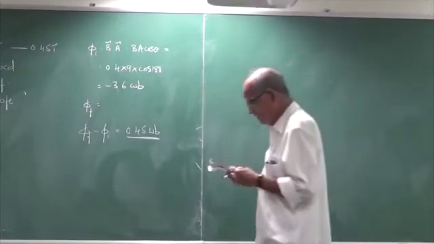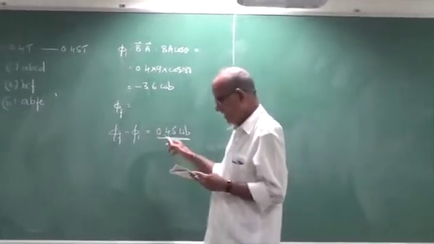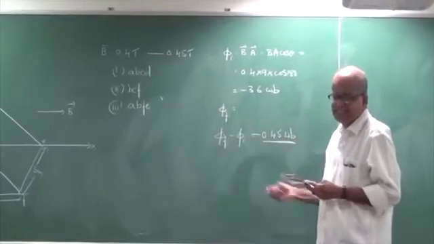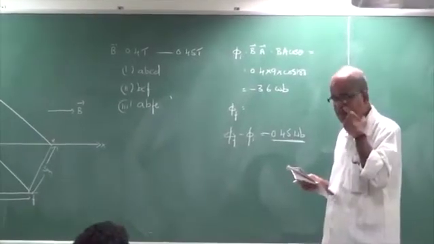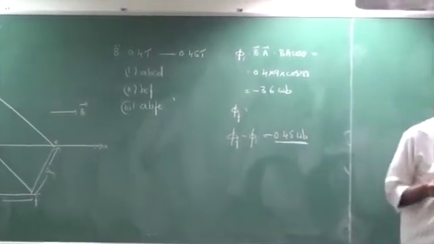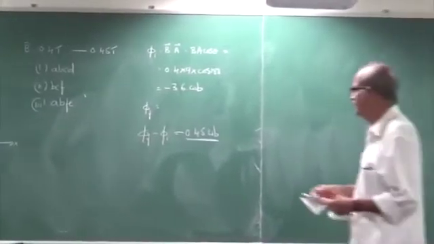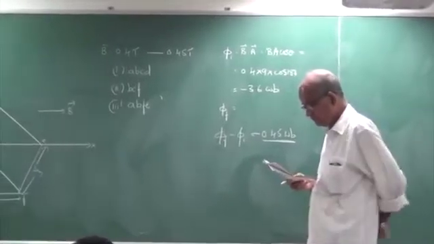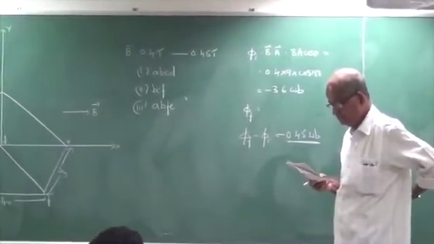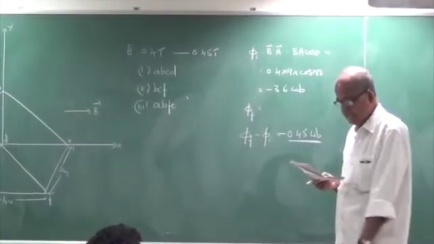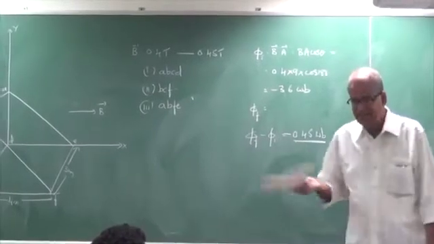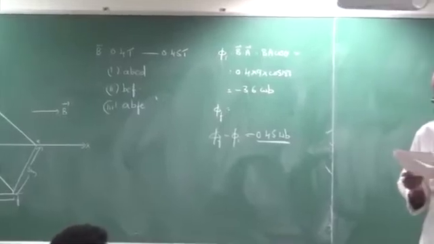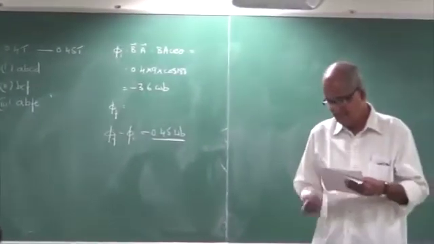In fact, in the first case, remember it is minus, because phi F is smaller than phi I. In the first case it is minus, second case 0. Third case, what is the change in the flux?